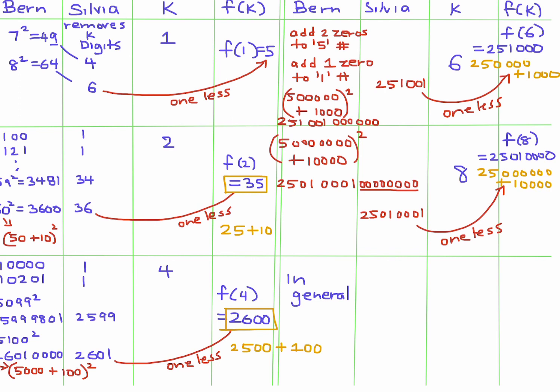Okay, so finally I've got my general formula. In general, f at k will be equal to 25 times 10 to the power of k minus 2 plus 1 times 10 to the power of k over 2. Okay? Now you don't really need to figure out a formula, but if you can, it's helpful.